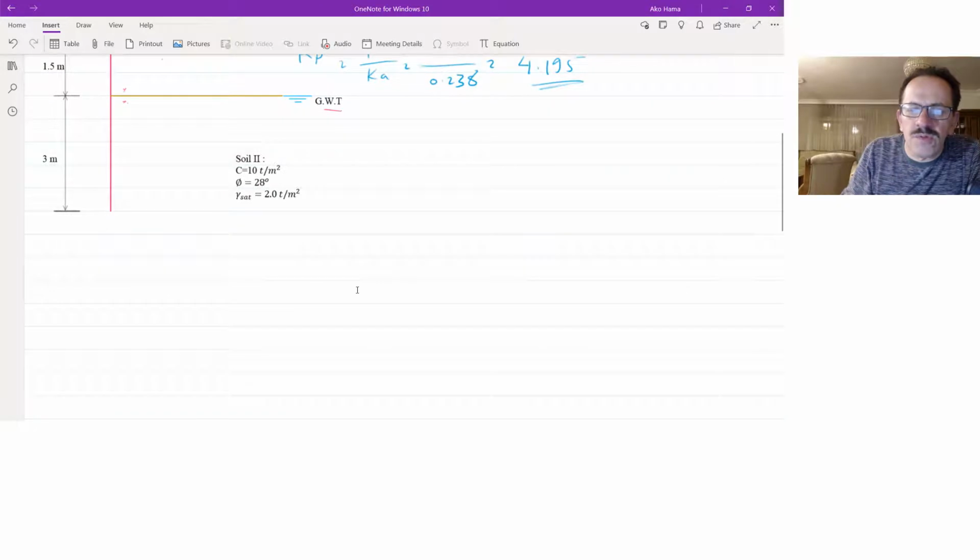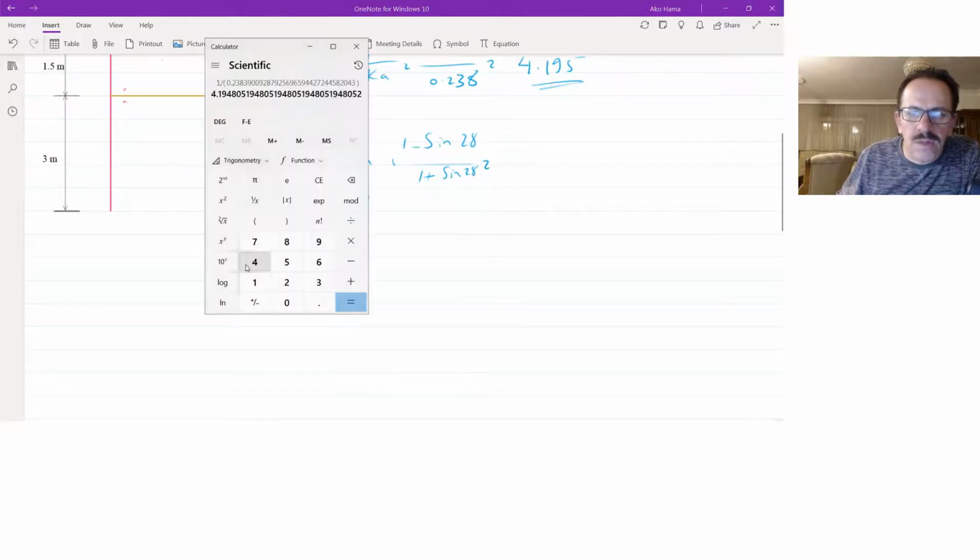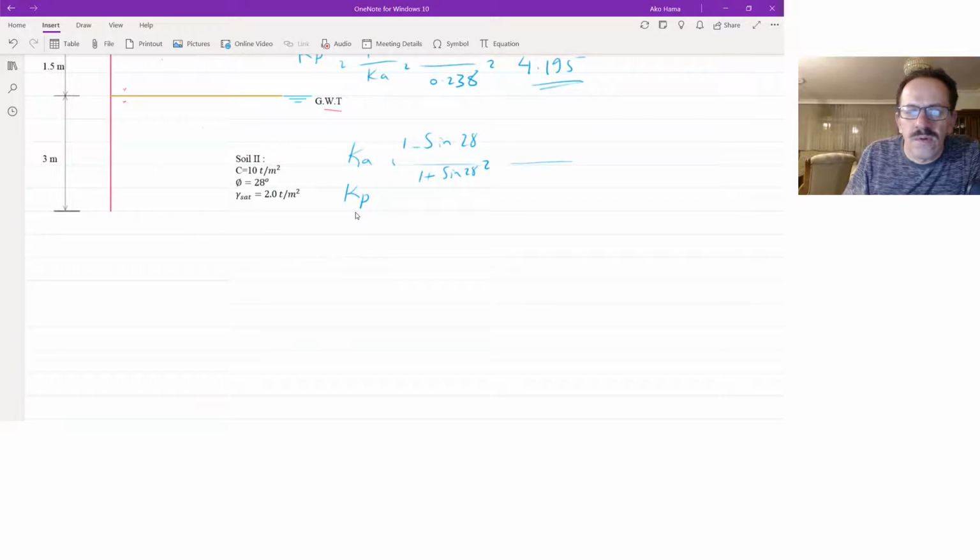What about soil 2? Ka and Kp. So for soil 2 it's 1 minus sine 28 over 1 plus sine 28, and again 28, its sine is equal to 0.469, so 1 minus 0.469 over 1 plus 0.469.